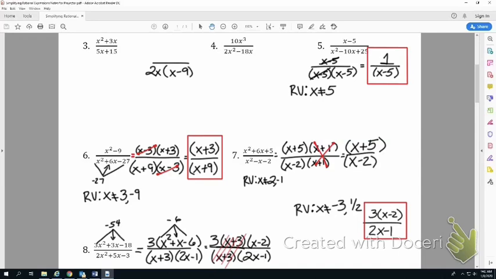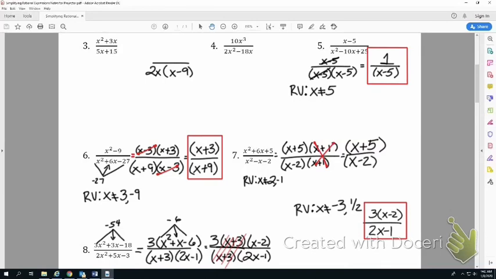Now, whenever I do that, I kind of have an idea, and as you can tell, on all these problems, we eliminated something. If you can eliminate it, then you need to. That's the simplifying process. So, if I have these two factors, I kind of have an idea as to what I'm trying to get in the numerator. So, can I factor out an x minus 9 from 10x cubed?